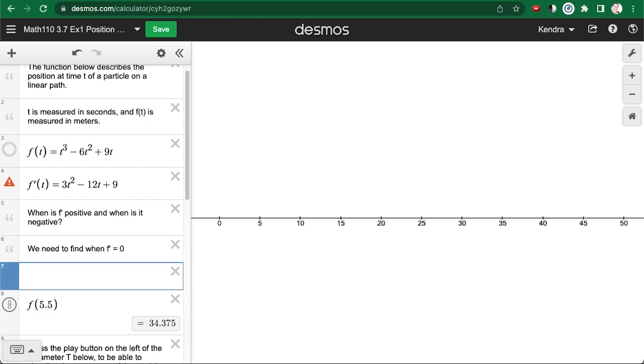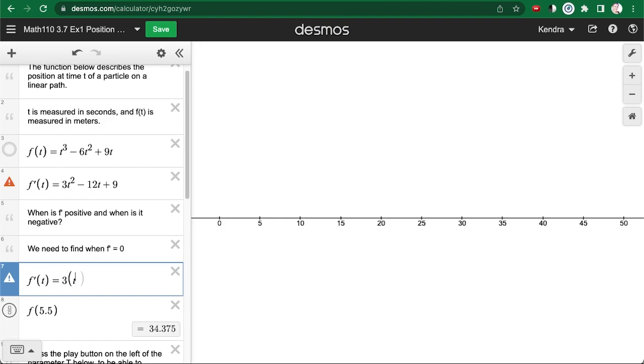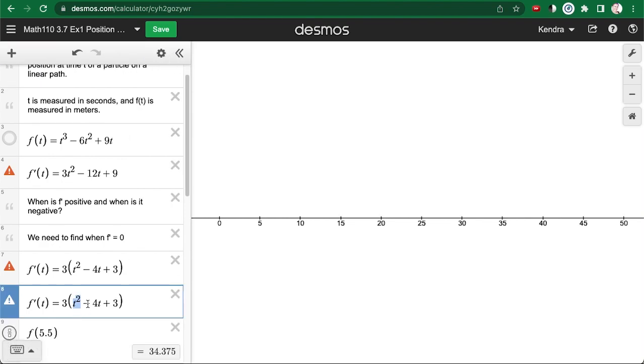Okay, so let's go ahead and factor it. F prime of t is going to be, there's a common factor of 3, so I can do 3 times t squared minus 4t plus 3. And then we can factor that t squared minus 4t plus 3 into t minus 1 times t minus 3.